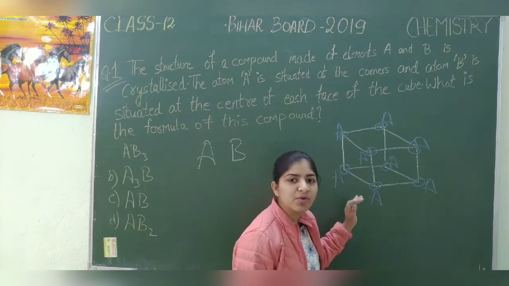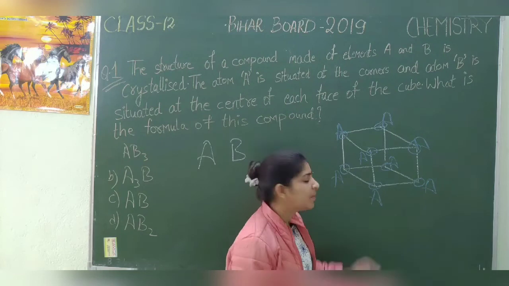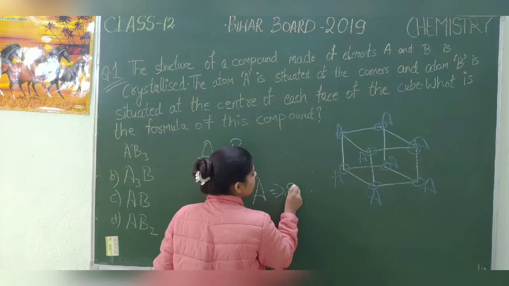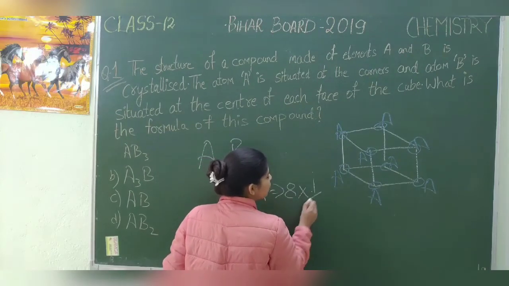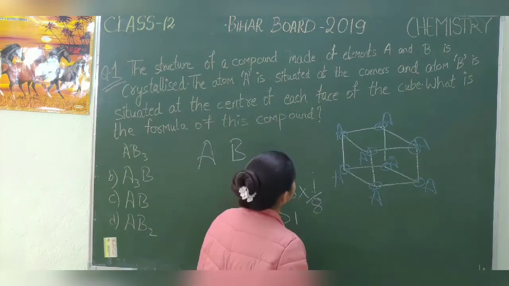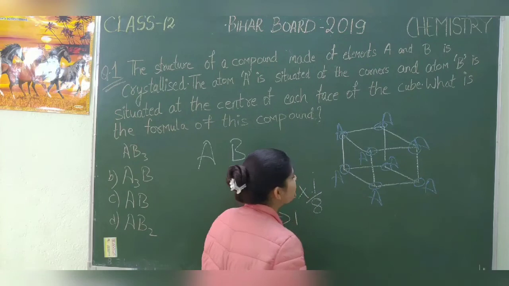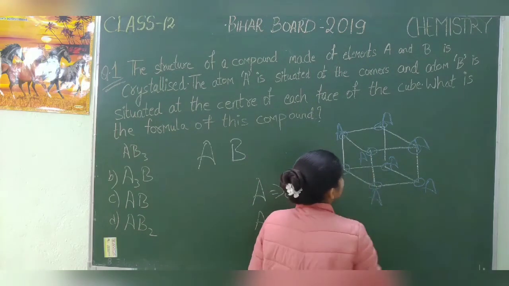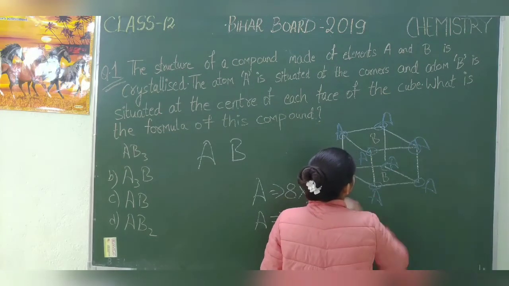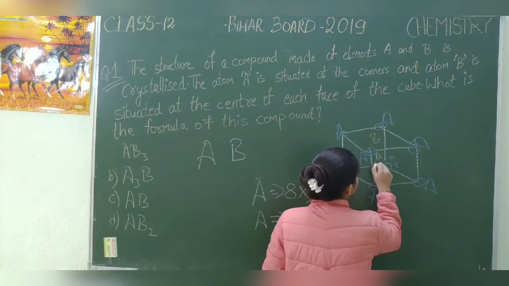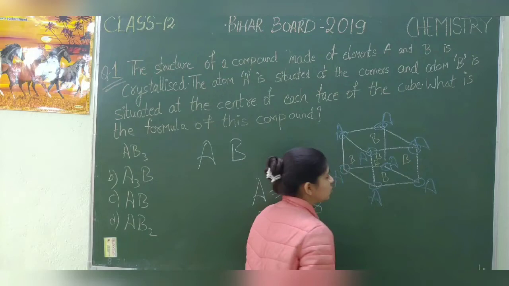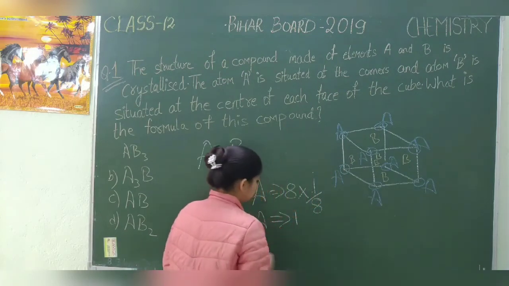So the contribution of one atom in one cube will be 1 by 8. So A will be total number of atoms into contribution of atom in one cube. So we get 1. B is situated at the center of each face of the cube. So total number of faces are 1, 2, 3, 4, 5 and 6. So total number of faces are 6.